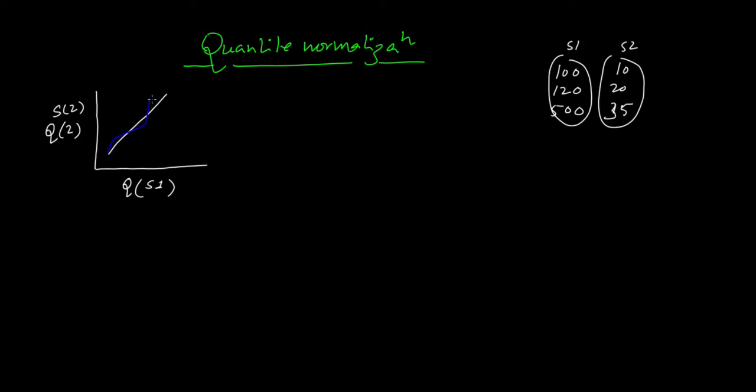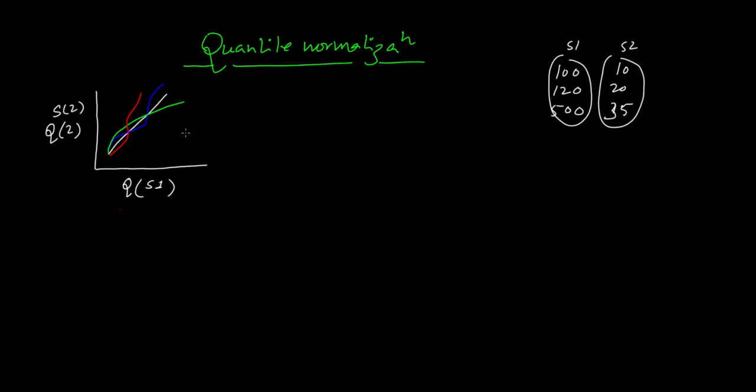Let's say a deviation like this, it means the two distributions are different. There can be another sample with a deviation like this, or some scenario like this. These colored curves tell you that sample 1 and sample 2 have different distributions. The straight line tells you they have the same distribution.